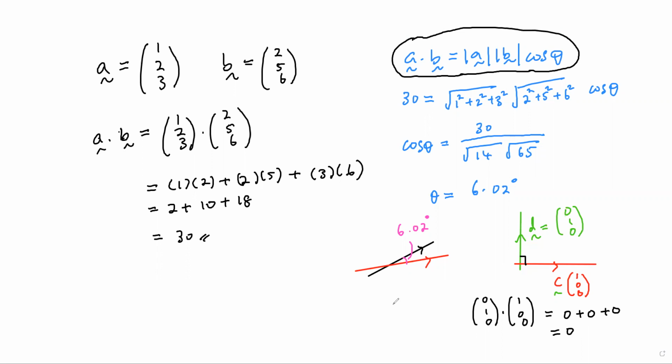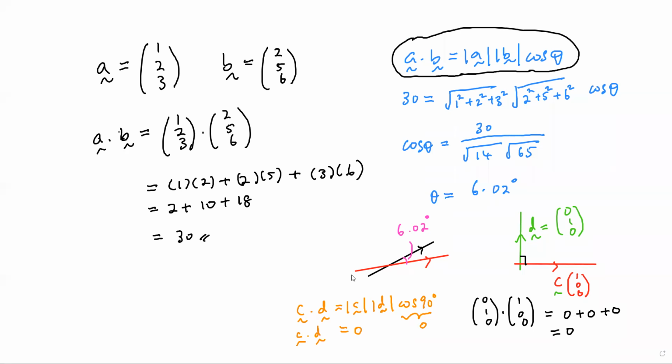So C dot D would be the magnitude of C times the magnitude of D times cosine 90, because the angle between C and D is 90. Cosine 90 is 0, so 0 multiplied by the magnitudes of C and D is basically 0. So C dot D is equal to 0. That's the reason why if two vectors are perpendicular to one another, then their dot product is equal to 0.